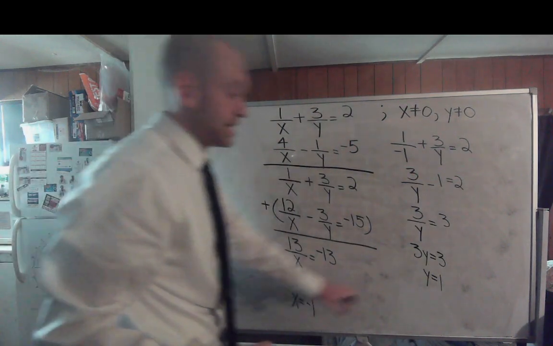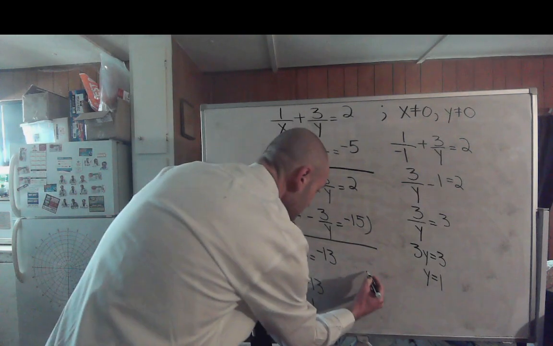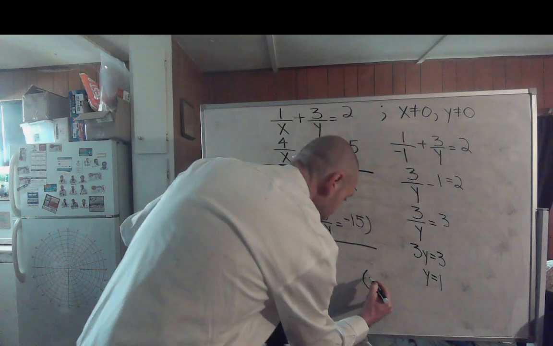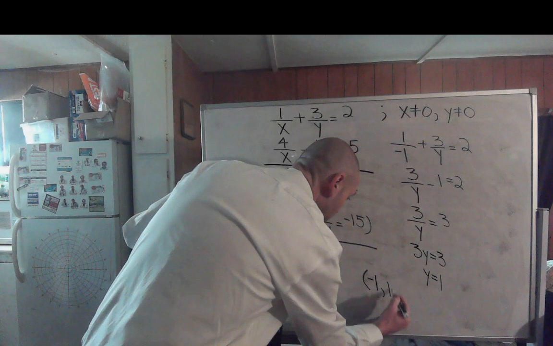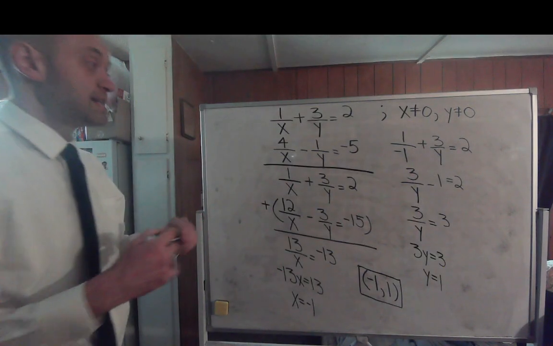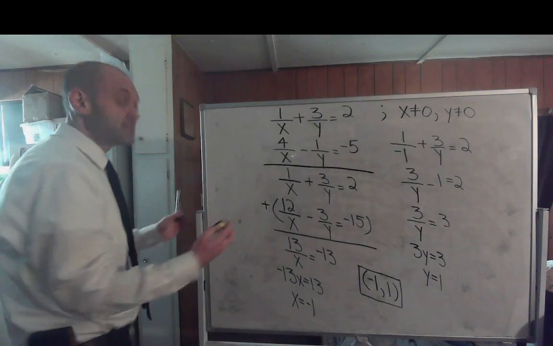And both my x and y solutions work because they don't equal 0. So these two rational functions intersect at the ordered pair negative 1, 1. And I got 3 more like this, then we'll be done.